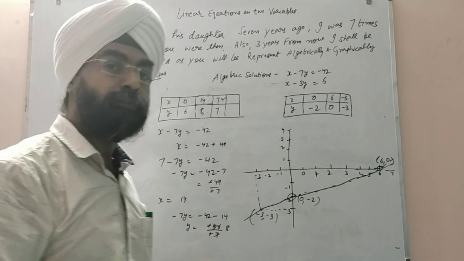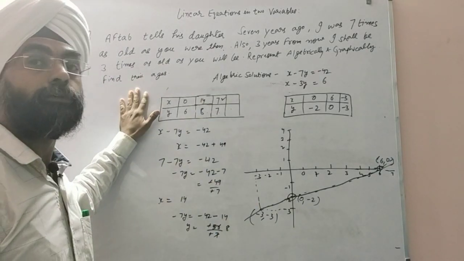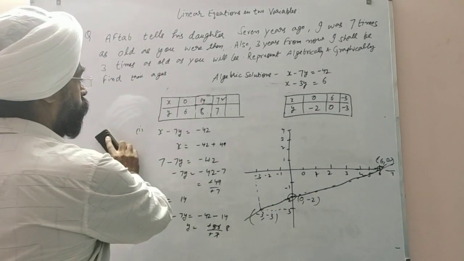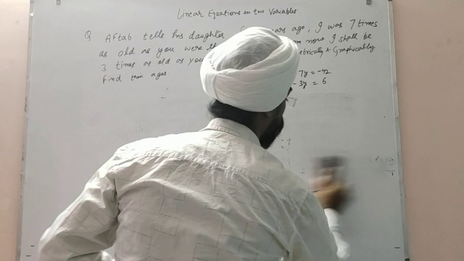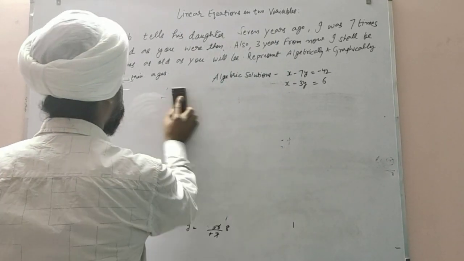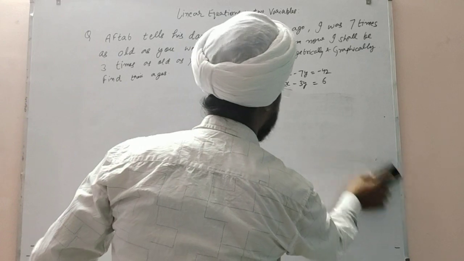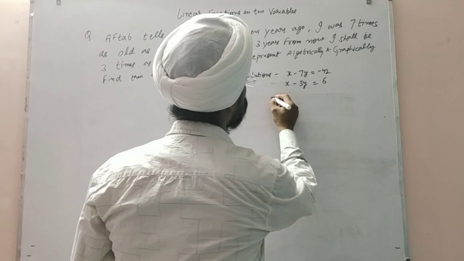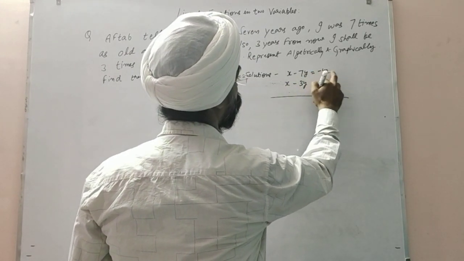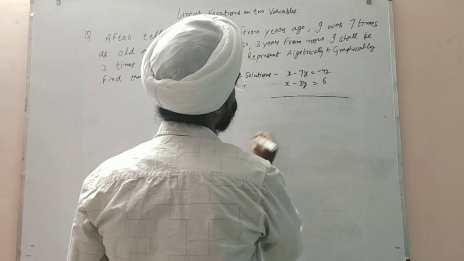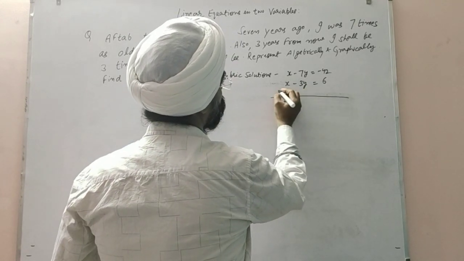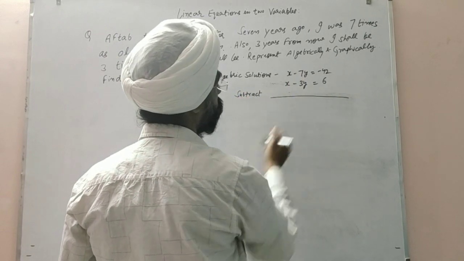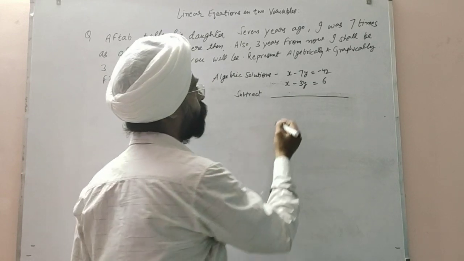Now I will explain how to find the ages of both Aftab and his daughter. These are the two equations: x minus 7y equals minus 42, and x minus 3y equals 6. We just need to subtract these two equations.